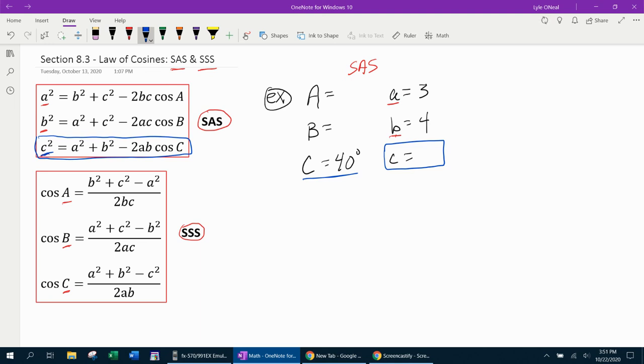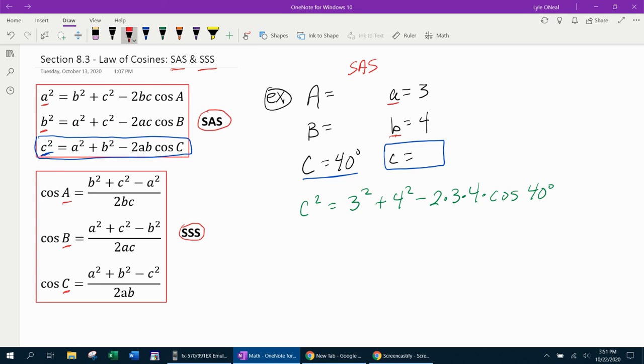From here, it's a piece of cake. We just take that formula and plug and play. So c squared equals a squared plus b squared minus 2 times a times b times cosine of C.